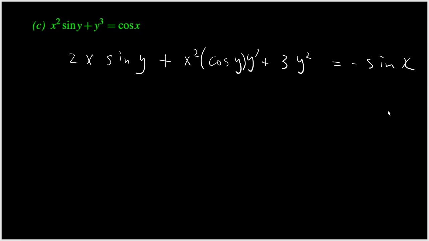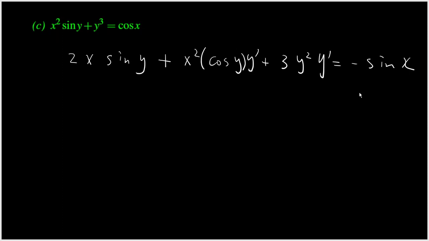Do you see why? After differentiating sine of y, that's a function of y, you have cos of y. I told you before, because we are using chain rule, after differentiating a function of y, you follow that by y prime. And also the third term, I missed a y prime here.